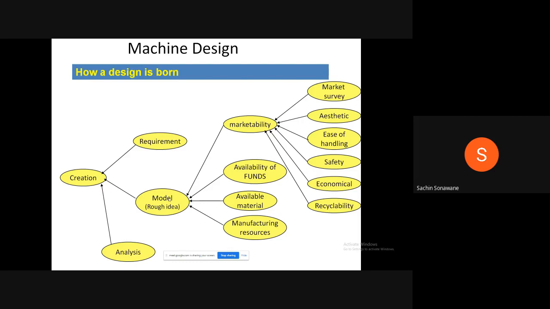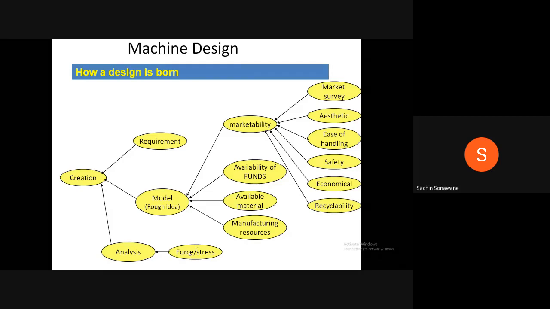Therefore, like this we are creating the new design, and when we are creating the new design or new product, we are carrying out its analysis. In analysis, what are we studying?